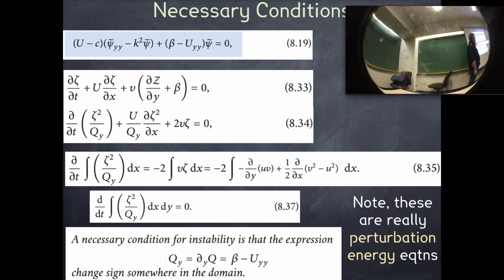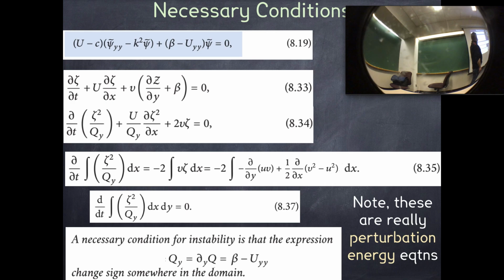I claim that this equation is basically this one just multiplied by zeta squared and divided by Q_Y. You get from that equation to this equation. So we can see the divided by Q_Y there. Zeta squared comes because we have zeta times d zeta dt, which is 1/2 d zeta squared dt. Similarly, zeta times d/dx of zeta is 1/2 d zeta squared dx, which is this one.